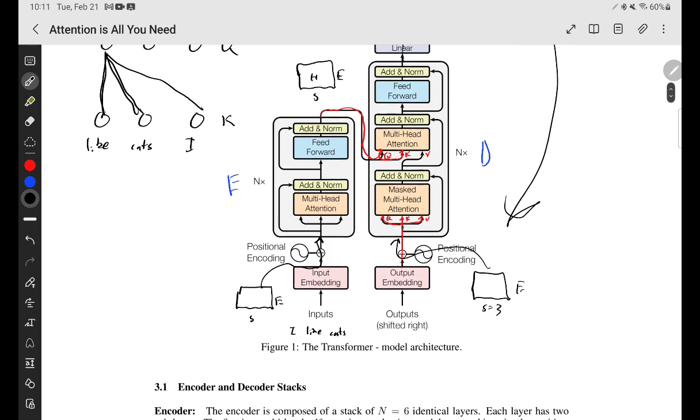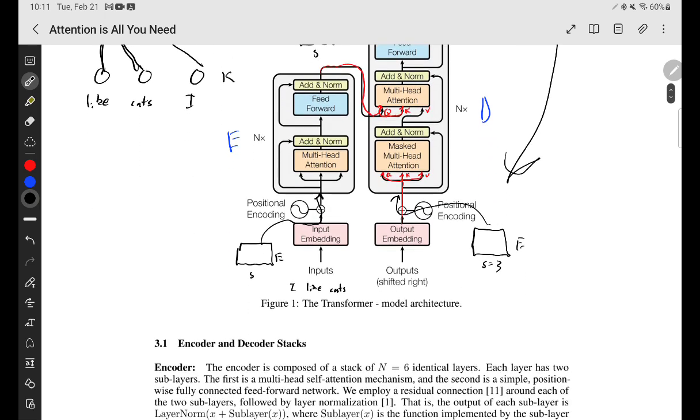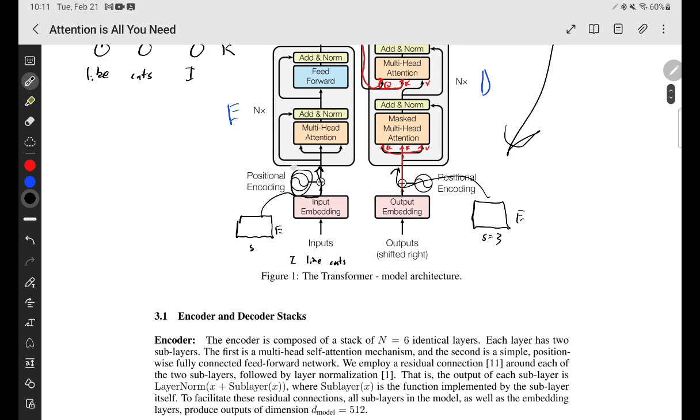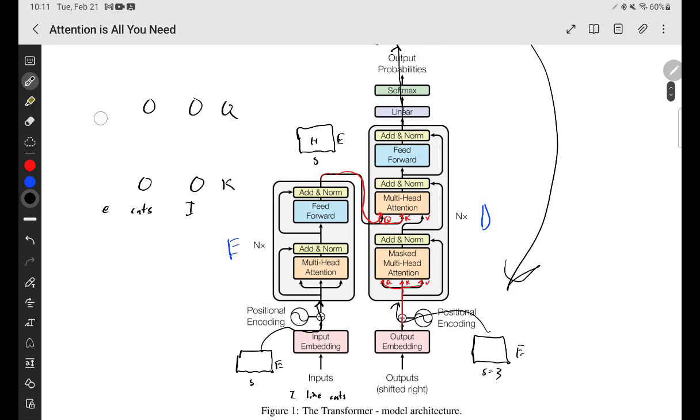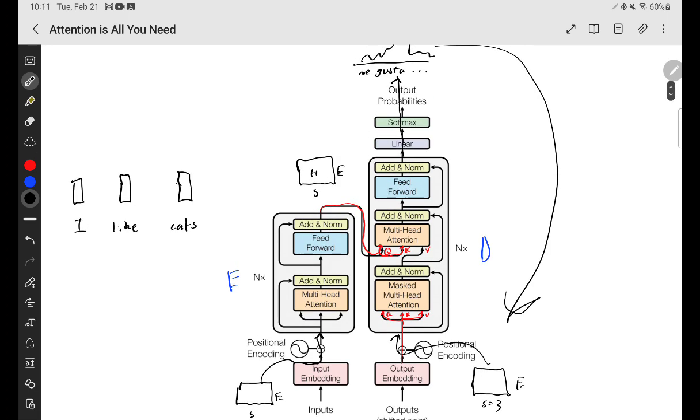To fix this, what we can do is add positional encodings, which give it positional information about where each token is in the sequence. So I like cats is 3 vector representations, and we can add a positional encoding to each of the vectors.